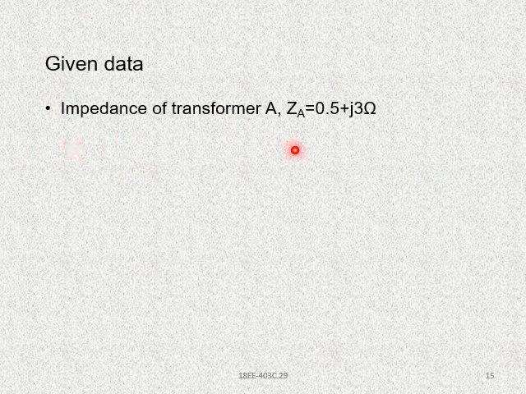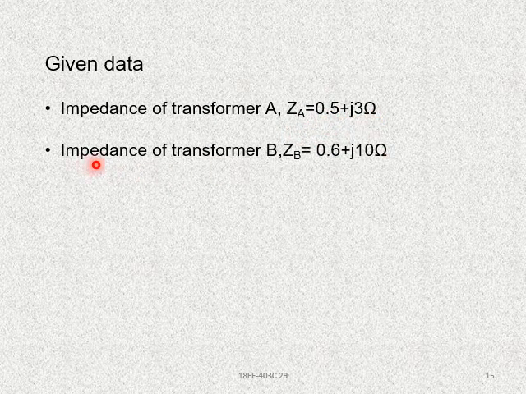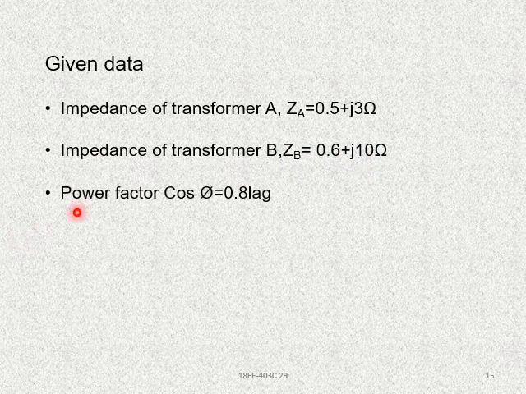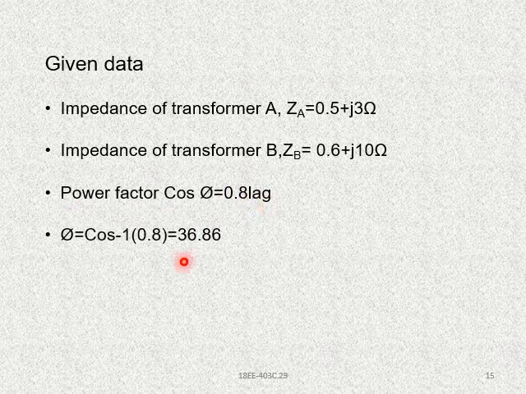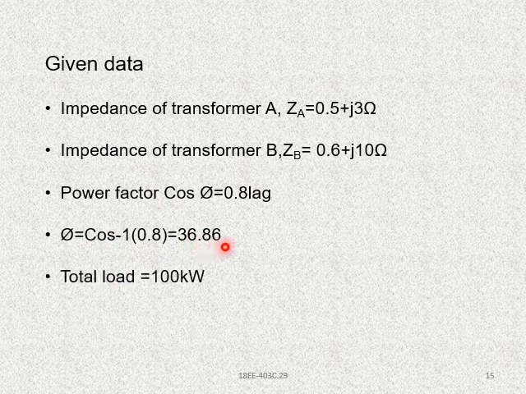See the given data. ZA, the impedance of transformer A, is equal to 0.5 plus j3 ohms, and the impedance of transformer B, ZB, is equal to 0.6 plus j10 ohms. The power factor cos phi is 0.8 lag, and phi is cos inverse of 0.8, which is 36.86 degrees, and the total load is 100 kilowatts.